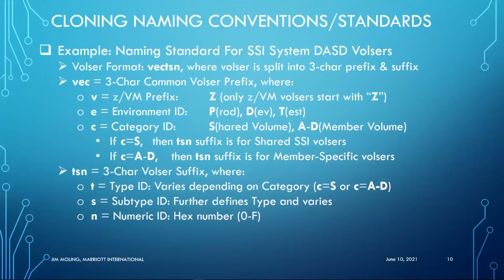Whatever those 5 characters are describing, in some cases you only have 1, and we take advantage of that in how we're using the naming convention. But at the very least, you can have, as it shows here, 0 to F or 16 different iterations of that particular type of volume. And actually, you can go up to 36 if you go to the end of the alphabet.